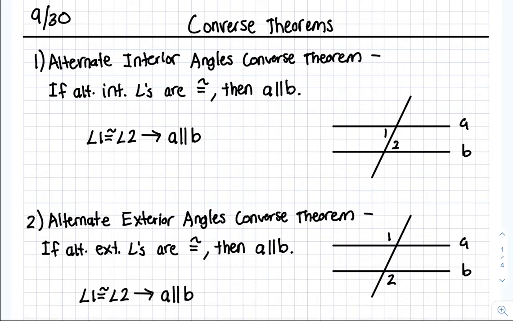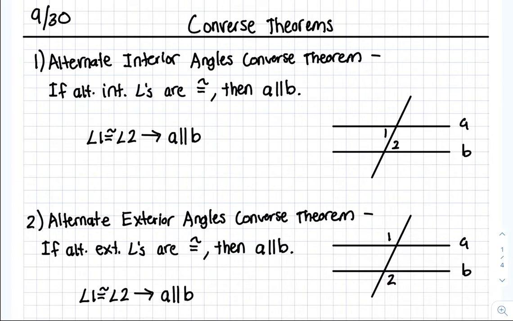So we have the alternate interior angles converse theorem: if alternate interior angles are congruent, then A is parallel to B. What it used to look like is if A and B are parallel, then alternate interior angles are congruent.